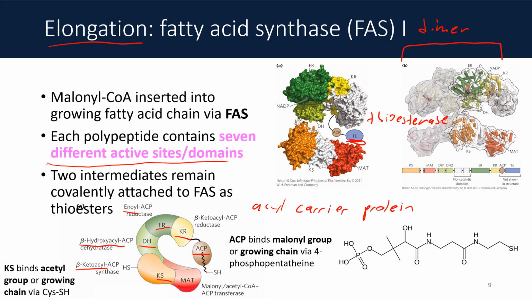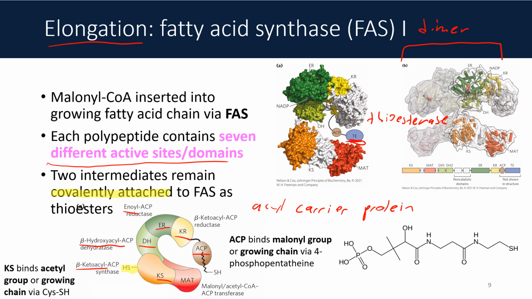You should also know that there are 2 sites where covalent catalysis occurs in fatty acid synthesis. First, we have KS, which bears a very special cysteine residue, and its job is to form a thioester with either the growing fatty acid chain or special acetyl group.